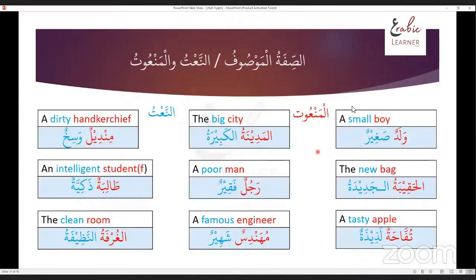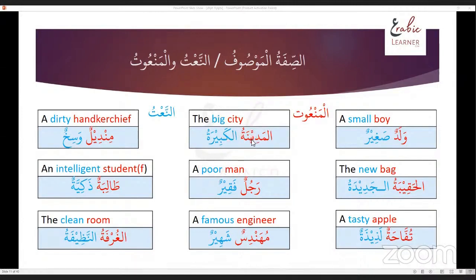So have a look at this slide again. Focus on this and see. Look at all the examples here. You'll find all of them are matching with each other in all four attributes, all four properties of ism. Take an example. Al-Madinatul Kabiratu. Rafa, both of them.